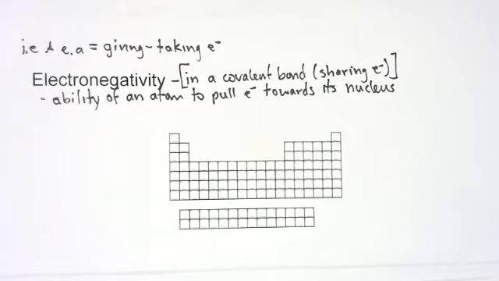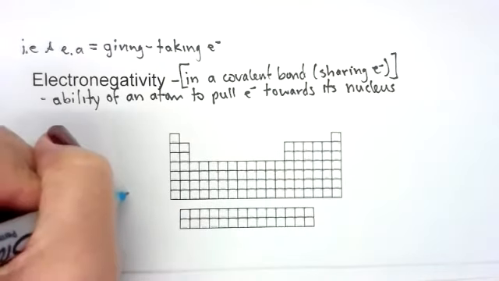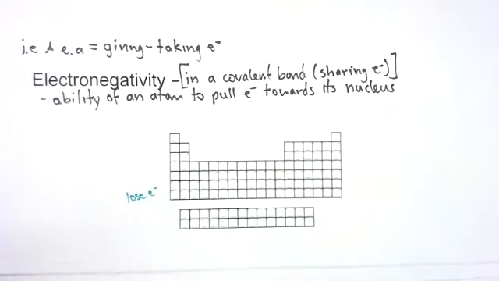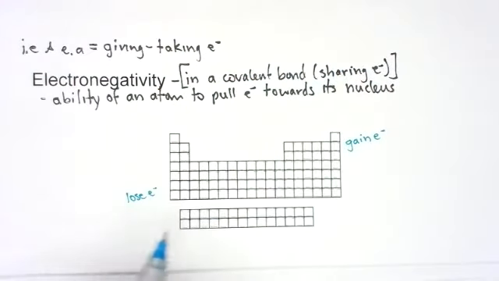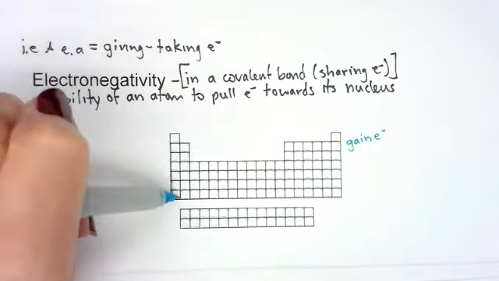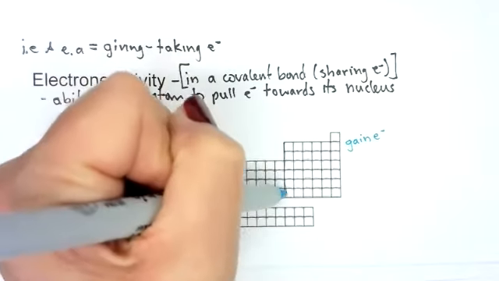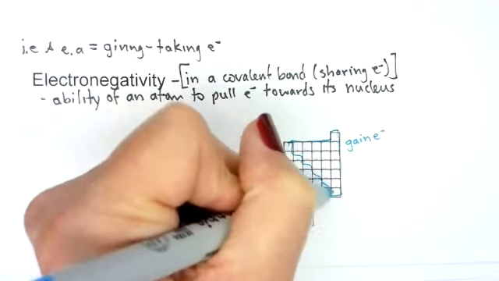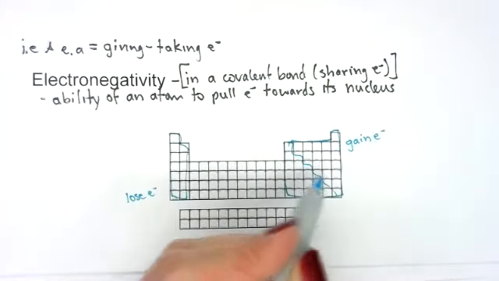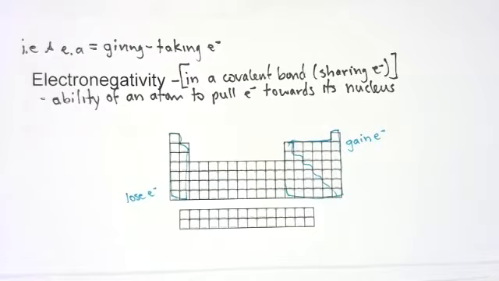We said over here we're trying to lose electrons, and over here we're trying to gain electrons. The opposite law applies, and we're pretty much always talking about these guys when we talk about electronegativity. I really shouldn't have this whited out.